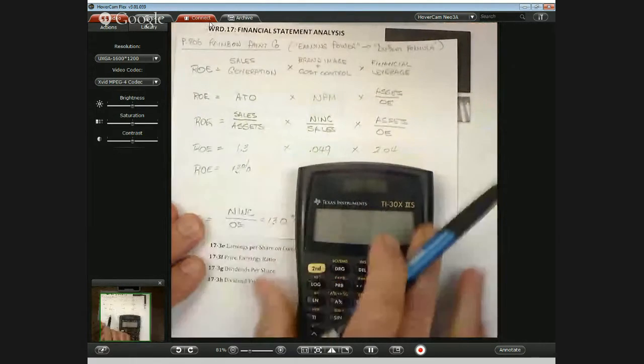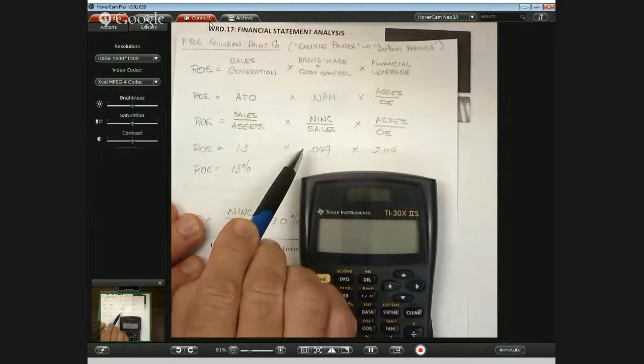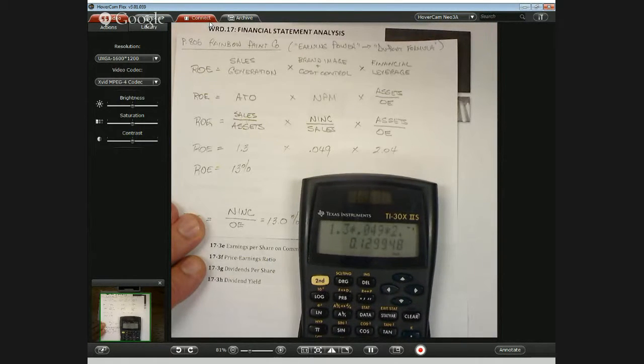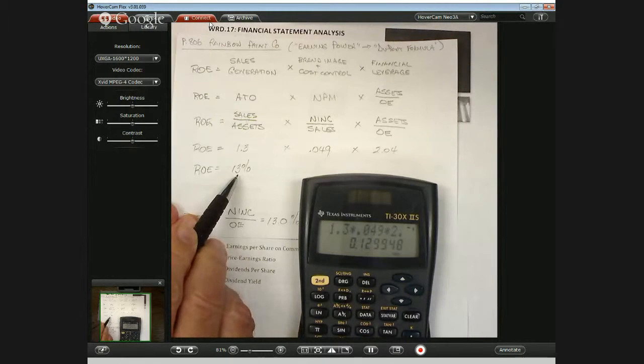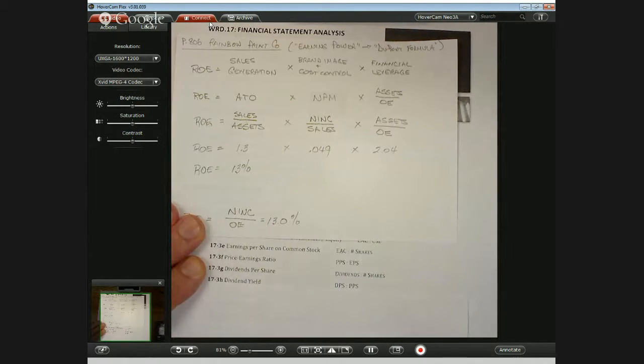If we multiply the asset turnover by the net profit margin by the financial leverage, we should get the return on equity. So 1.3 times 0.049 times 2.04 in fact gets us very close to the 13% return on equity.